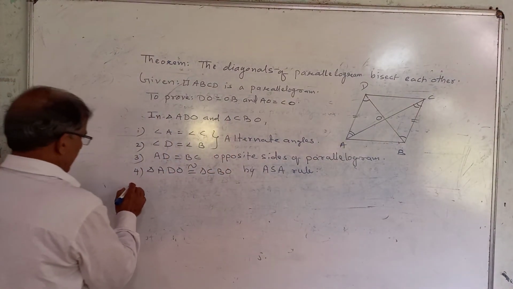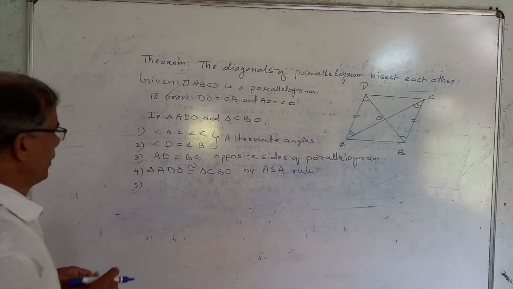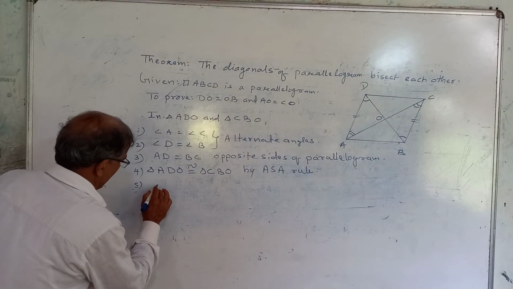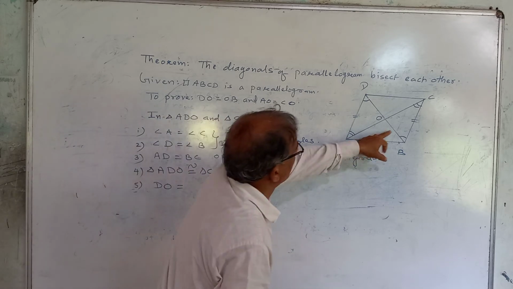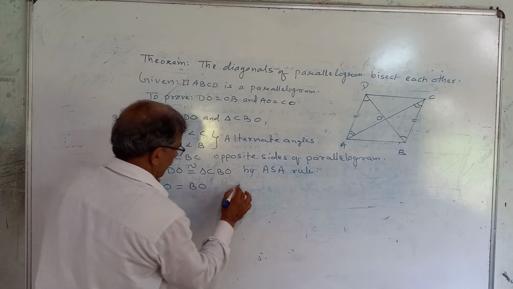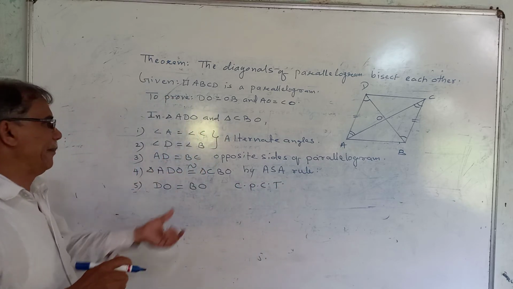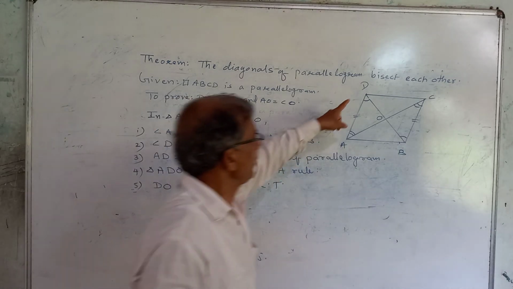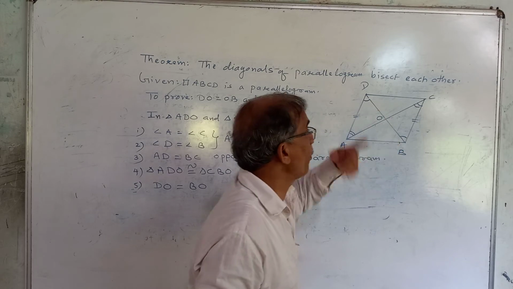Now, if these two triangles are congruent, corresponding parts will be congruent, and therefore DO is equal to which is corresponding DO. See, DO, DO. Therefore, DO is equal to BO, by CPCT. Now, this full DB is divided into DO and BO by who?